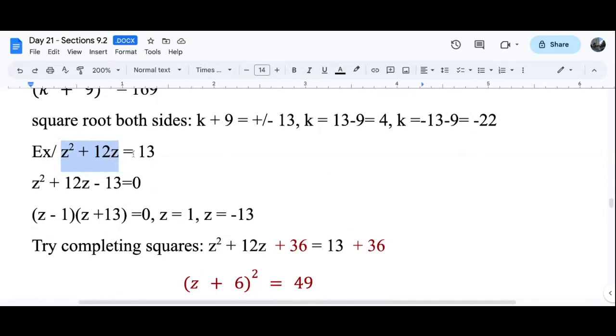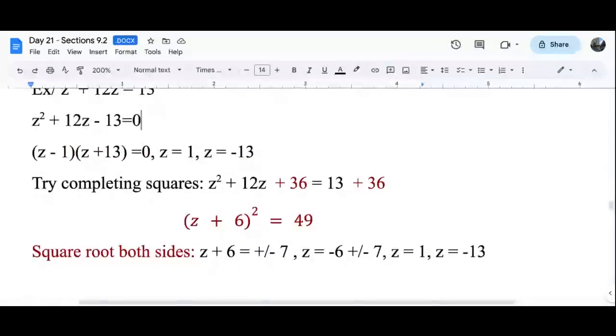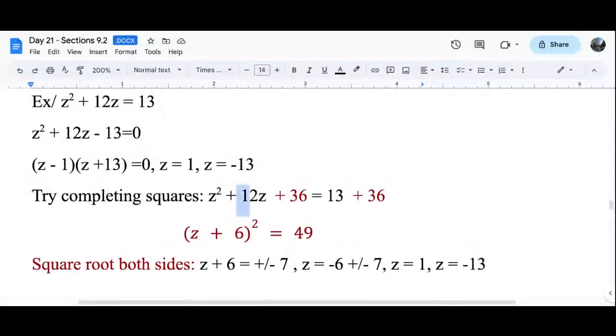I have z squared plus 12z equals 13, right? Or I could do this: I could move 13 to the other side. I have z squared plus 12z minus 13 equals 0. I can factor this. I get z equals 1 and negative 13. If we're completing squares, 12 divided by 2, I can write as 2 times 6z. But then I want to add 6 squared on both sides. 6 squared is 36.